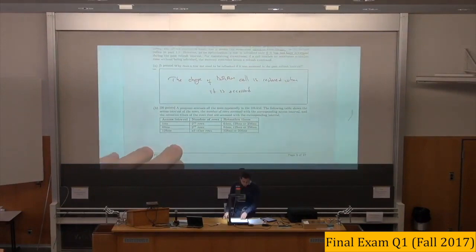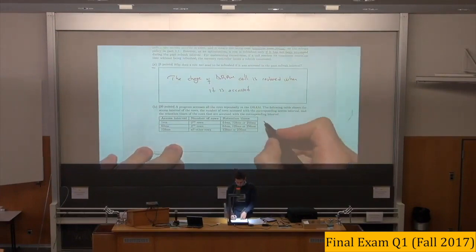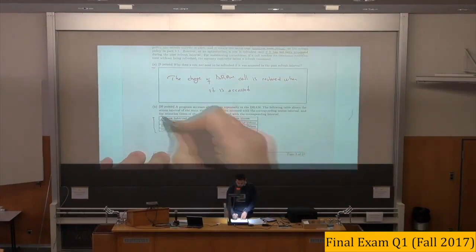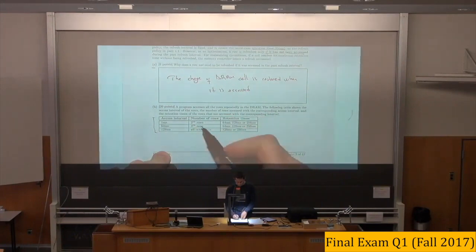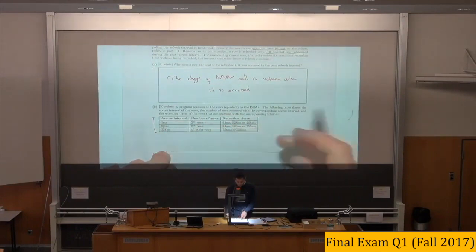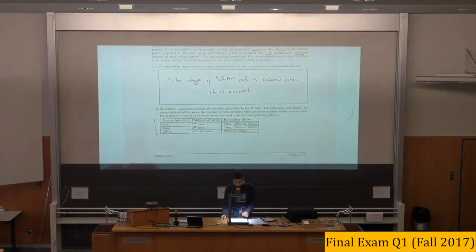For the second one, we are given a program that accesses the rows in this fashion. Basically, for that many rows, it accesses each 1 millisecond. For that many rows, it accesses each 60 milliseconds, and for the rest of them, it accesses each 128 milliseconds.